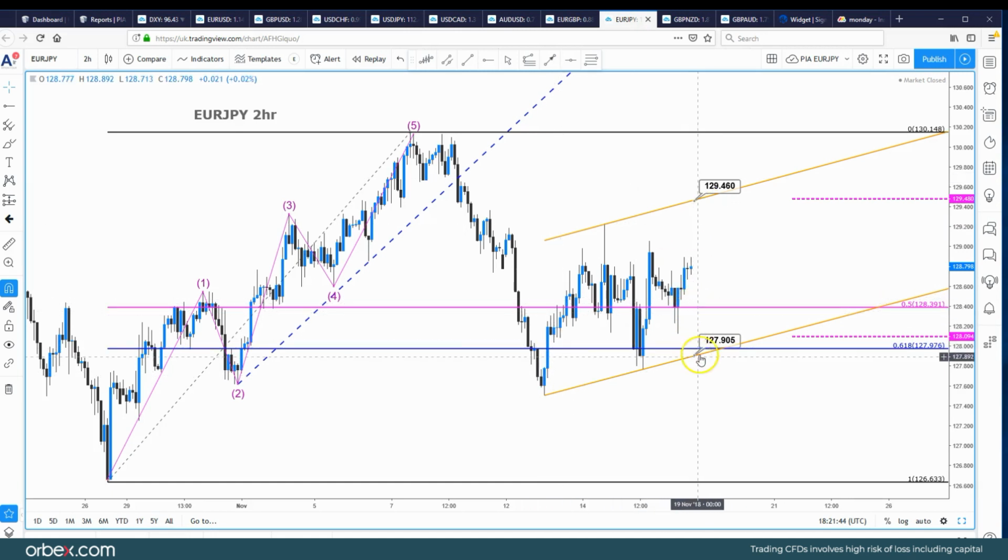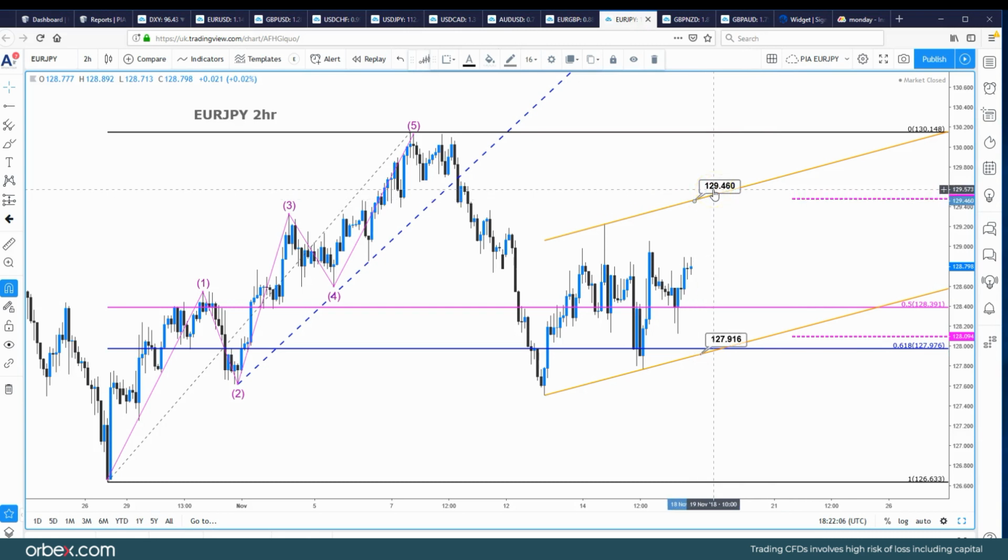The reason I like this really going into next week is that the channel support, which is at 127.90, is close to our bespoke support at 128.10. And more importantly, if this is a correction to the upside, then 129.48 is very close to our channel top, which is at 129.46.